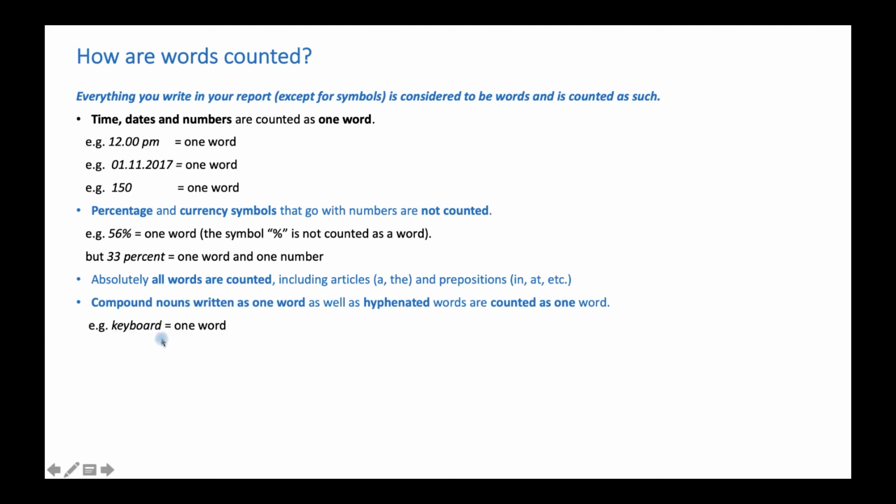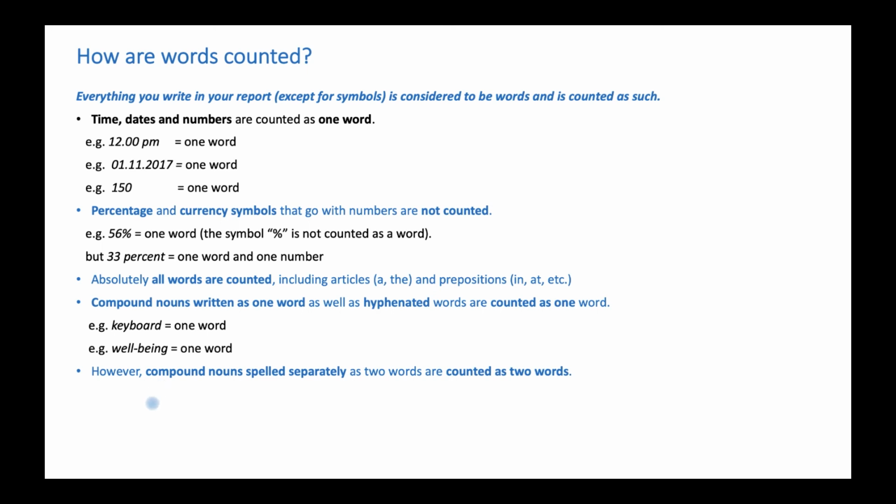For example, keyboard, it's one compound noun, so it's counted as one word. Well-being, a hyphenated word, so one word. However, compound nouns spelled separately as two words are counted as two words. Like pet shop, this is a two-word combination.